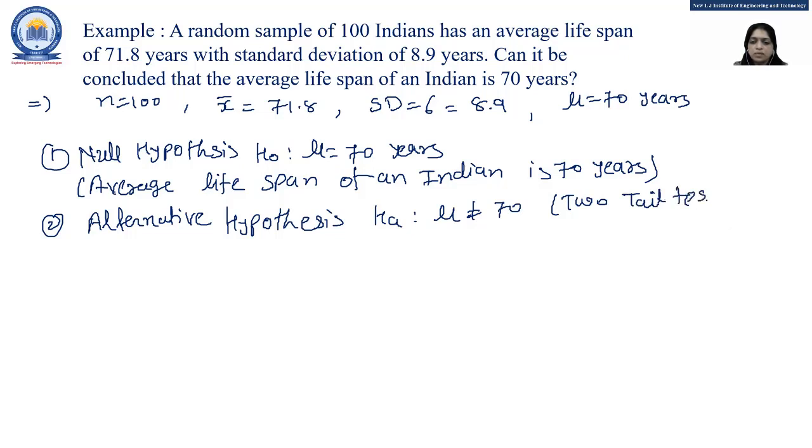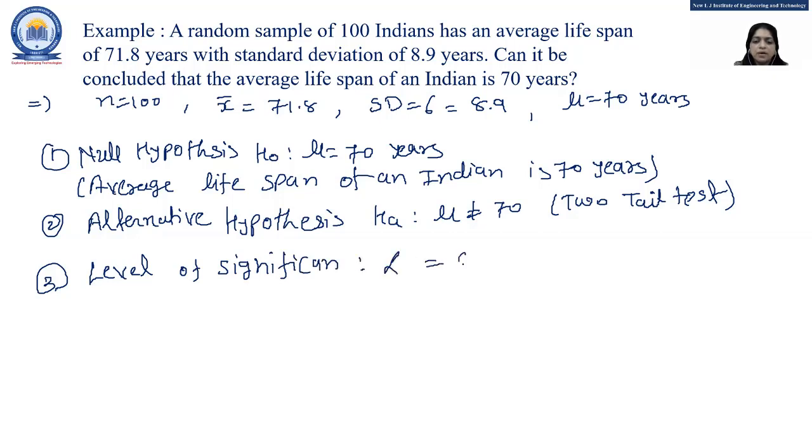As it is two-tailed test, we'll move to the third step, level of significance. As level of significance is not given in the example, we consider alpha is 0.05.